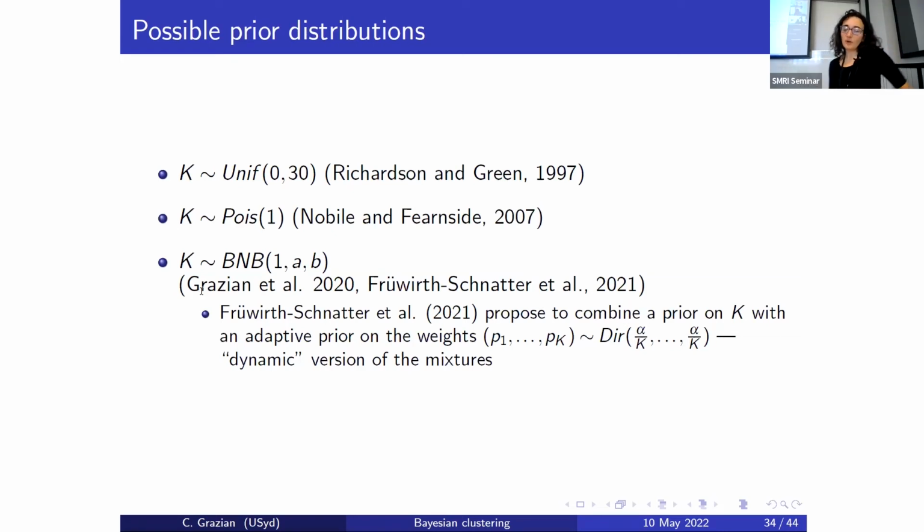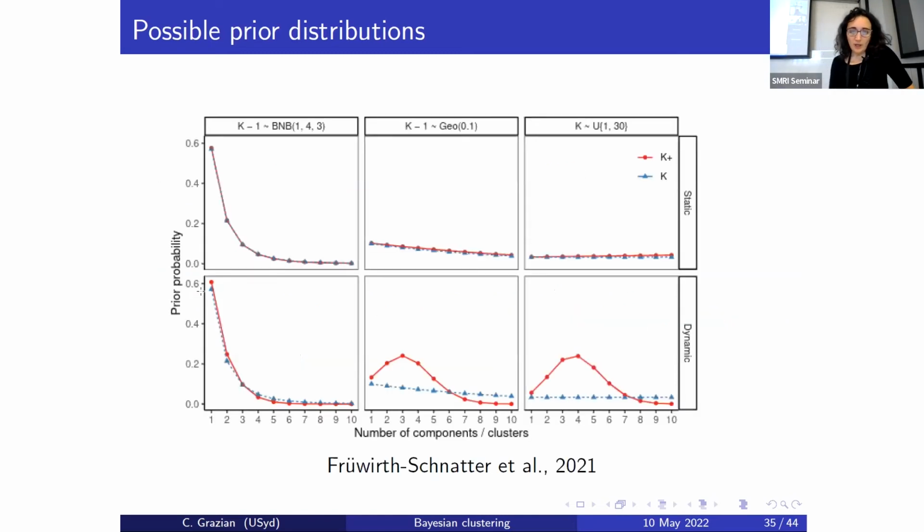But what I did with some co-authors was to derive a mathematical procedure to derive it. These are priors, and the idea is that by using different priors, the prior on the number of components, which is K, the blue one, may differ from the prior on the number of clusters, which is the red one.